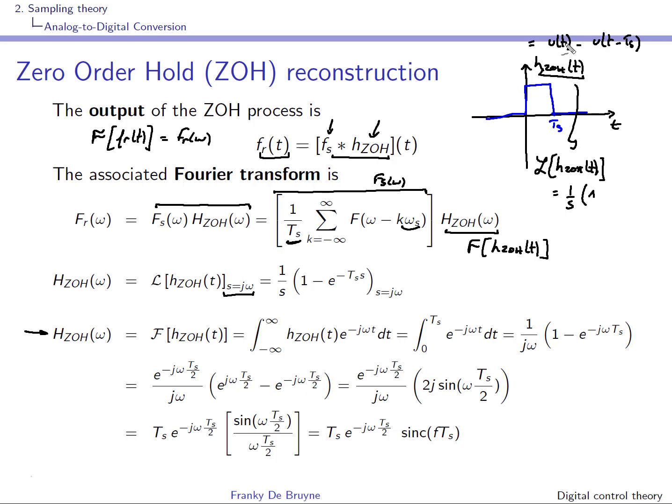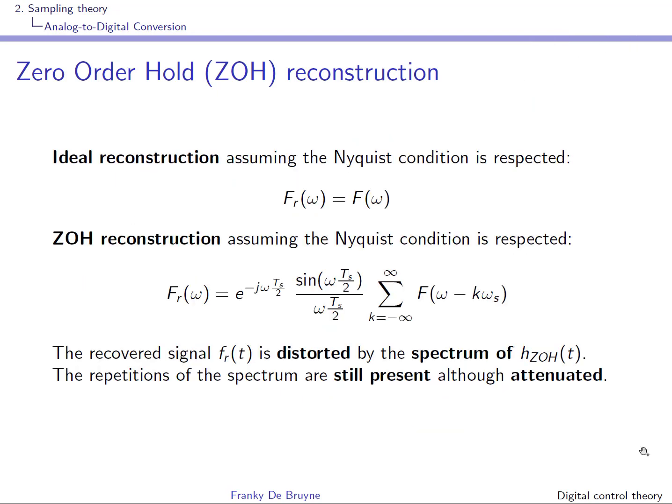You'll have a 1, that's the Laplace transform of this one, and you'll use the time shifting property, so you'll have minus the exponential of minus Ts s. If you replace s by j omega, you have an expression of the Fourier transform. Then of course you can go through the calculations and see that it is indeed a cardinal sine.